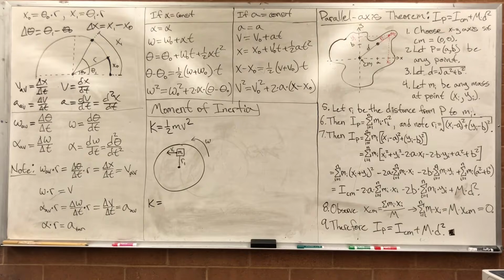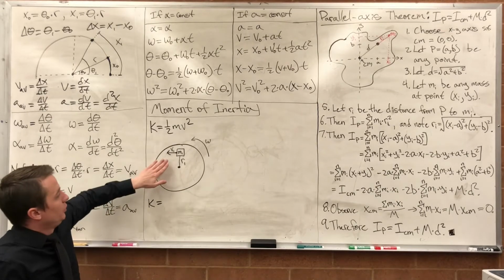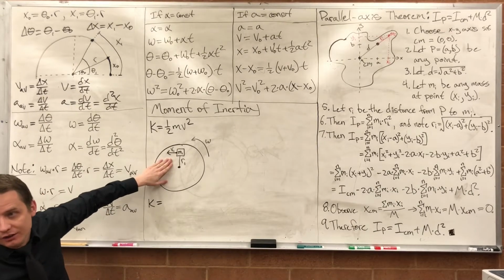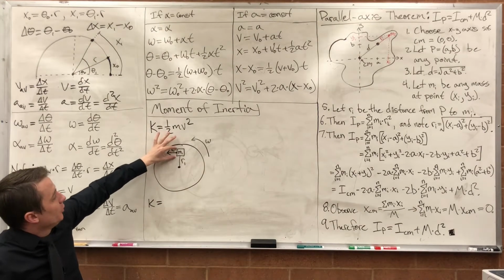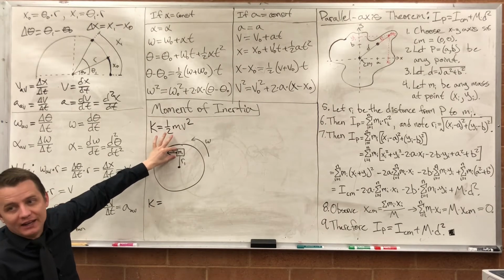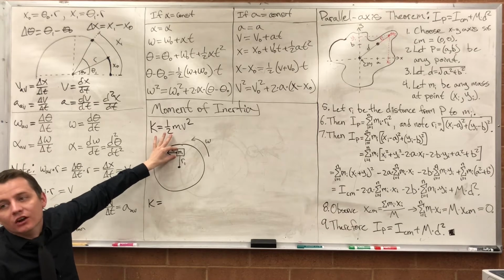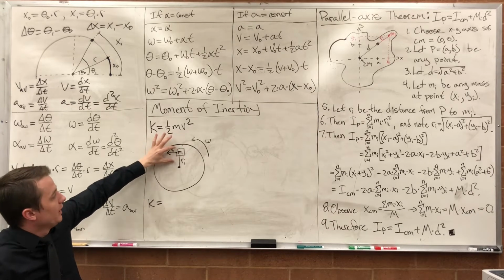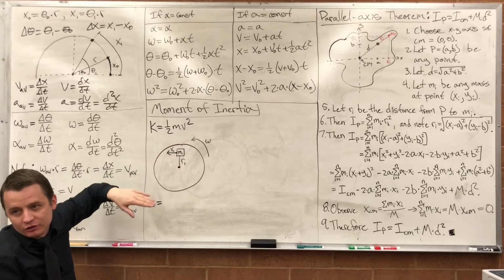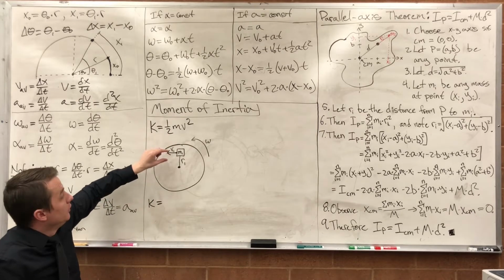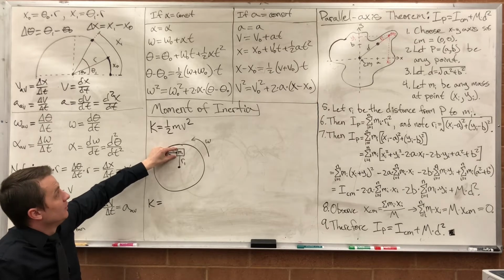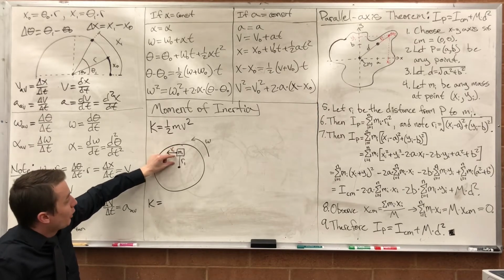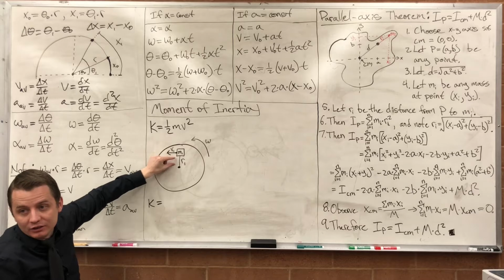So here's our fundamental idea on how we're going to calculate the kinetic energy of something like this rotating wheel. We're going to take a little piece of the wheel and pretend that that's a little point mass on the wheel. I drew it as kind of a big square, but imagine that square is much, much smaller. It's just so you can see it. I'm going to take that little part of the wheel and calculate its kinetic energy. Then I'm going to take this part of the wheel and calculate its kinetic energy, and this part, and this part.